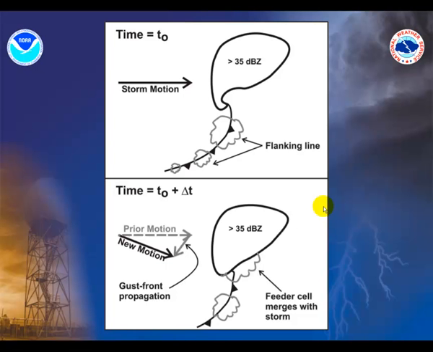Here's the example from the Zeitler and Bunker 2005 NWA article, where you have the supercell that's moving due east, pretty much following what you would expect from an ID method. However, you have new cells developing along the flanking line that are going to merge with the updraft area of the storm.